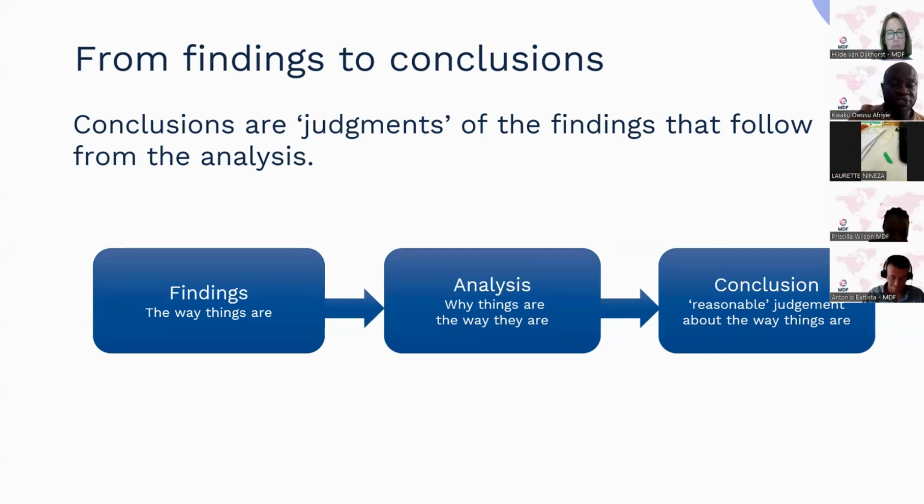We see a reasonable judgment as one where you, as much as possible, avoid biases, making sure that it is not more of the opinions of stakeholders, because stakeholders have different opinions and different interests, and when you are interviewing them, they want to push it across. So you try to make a judgment or conclusion that embodies the overall opinions of all the stakeholders that you interviewed, instead of being biased towards one person. Next slide, please.